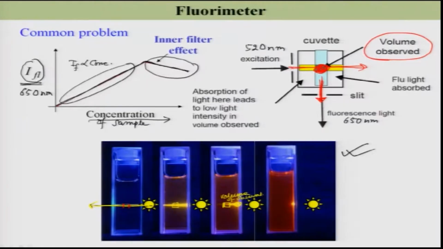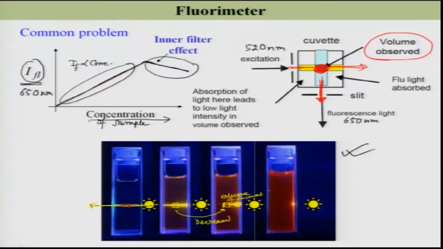From here to here it increased because the number of molecules increased, but from here to here it decreased, because the excitation light intensity is not that strong that it overcomes and comes till this position to excite the molecules, because it is eaten up by the large quantity of molecules present in the front surface of this sample cell.